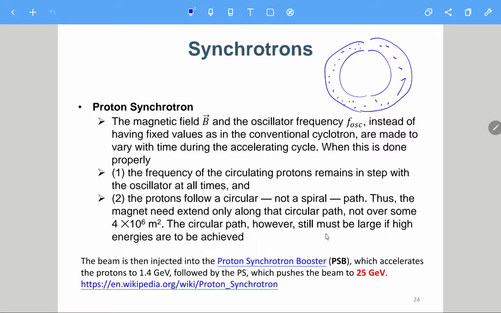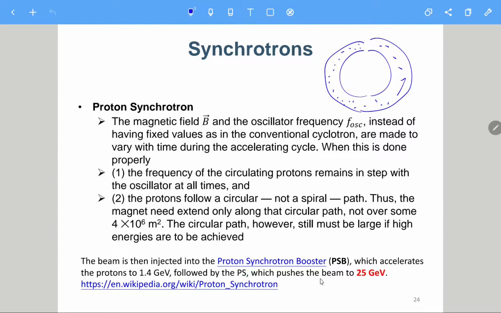So a circular path, however, still must be large if high energy is to be achieved. So the beam is then injected into the PSB, the proton synchrotron booster, which accelerates the proton to 1.4 giga eV, followed by the proton synchrotron.